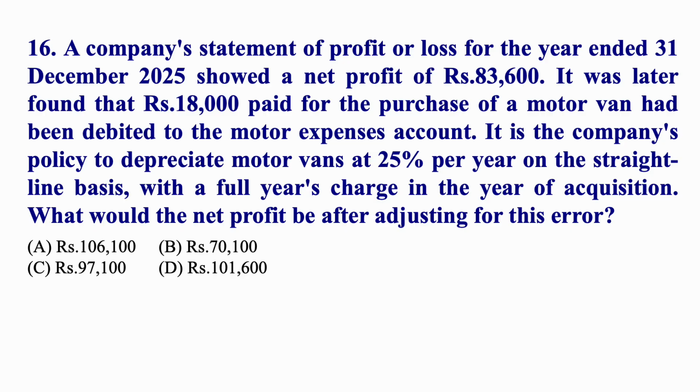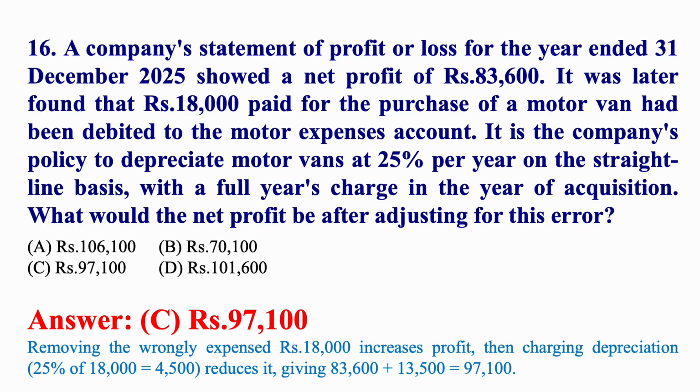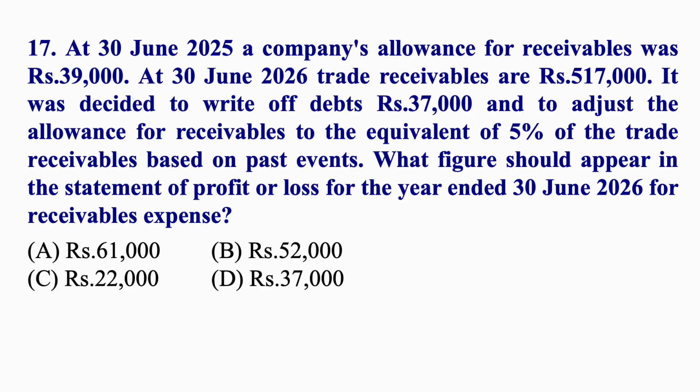It is the company's policy to depreciate motor vans at 25% per year on the straight line basis with a full year's charge in the year of acquisition. What would the net profit be after adjusting for this error? Rupees 97,100. At 30 June 2025, a company's allowance for receivables was rupees 39,000.